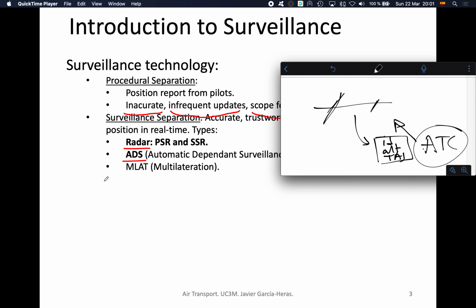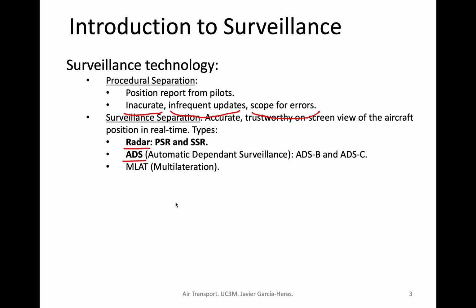And then the aircraft automatically, if there is equipment able to transmit that information, accepts that contract and sends the information. So I think it is a very good technique, and we will see later on that it's starting to be used in some flights.